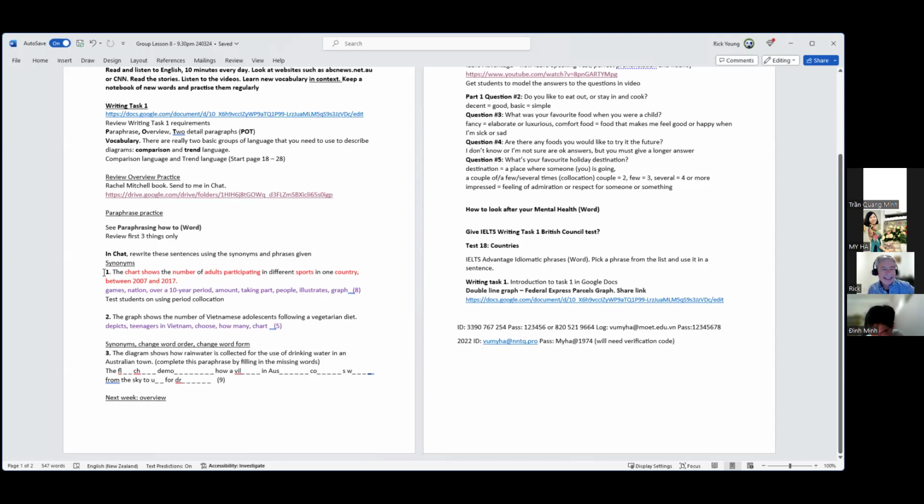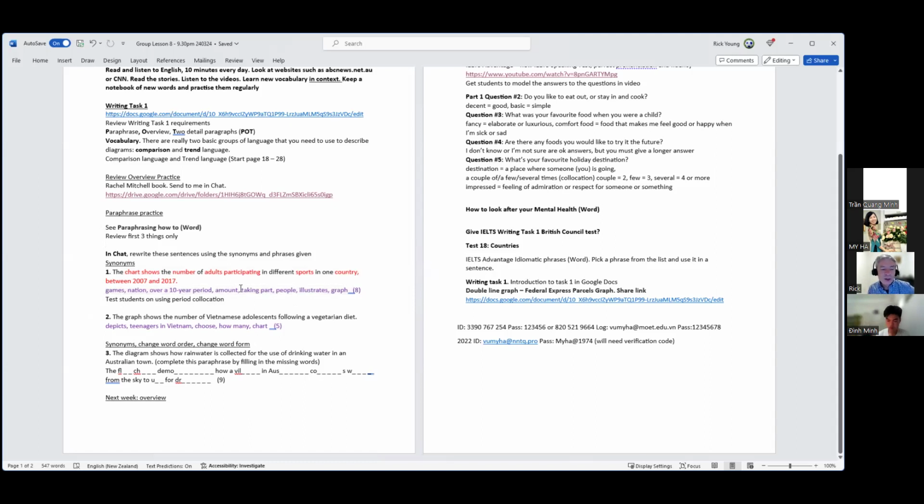Okay, so this is a test for everyone. So please, in chat, Quang Ming, you have to replace the words in question 1, replace the words in red with the correct synonym here. Okay, there are 8 synonyms and synonym phrases.